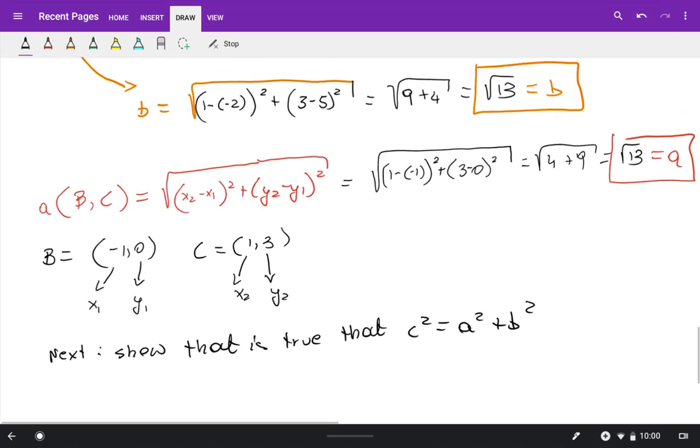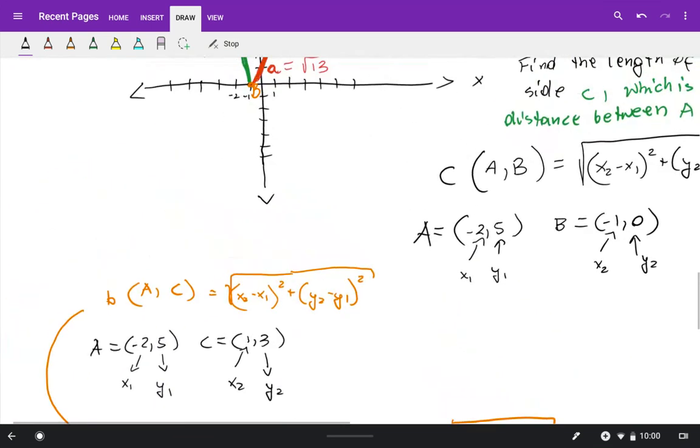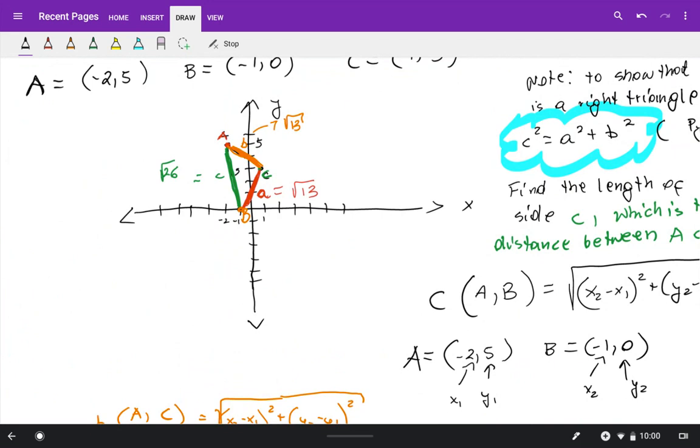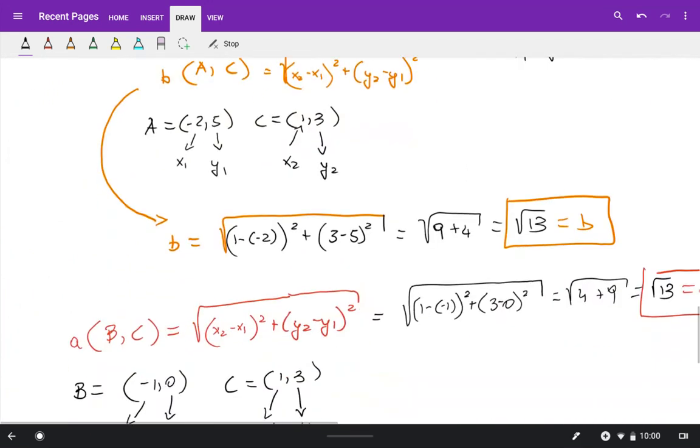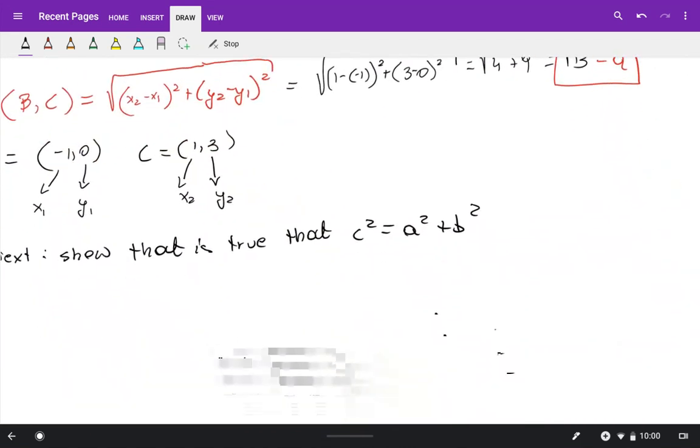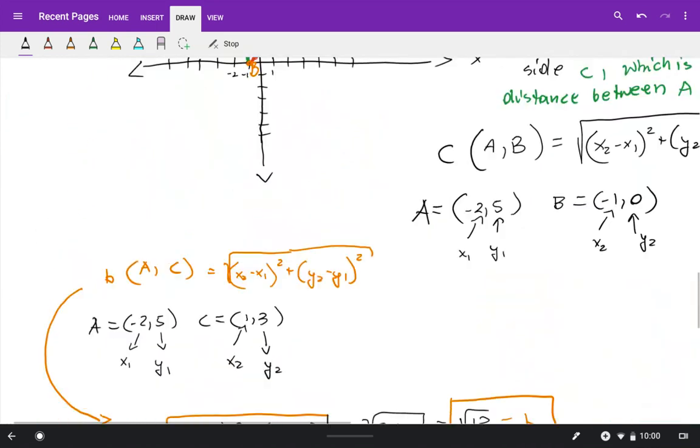So C, we calculated already, going back to the picture. C is equal to the square root of 26. So I have the square root of 26, that's C, and I'm going to square it. I'm checking if this is equal to A to the second power.